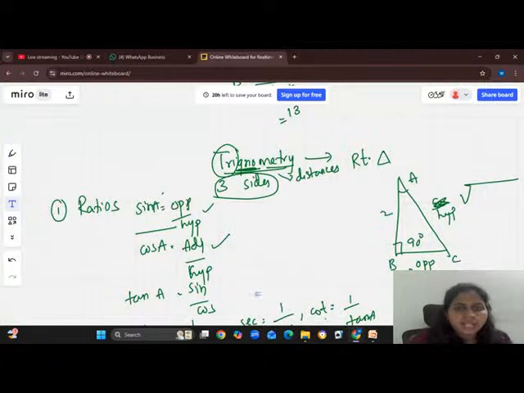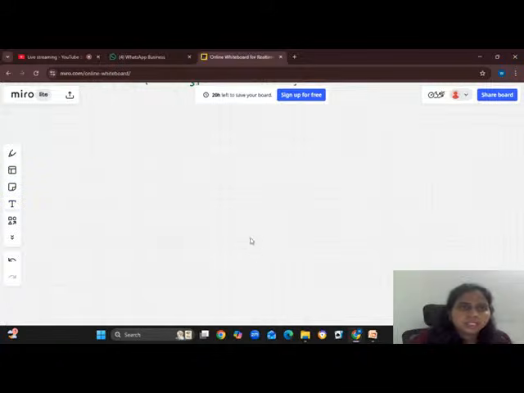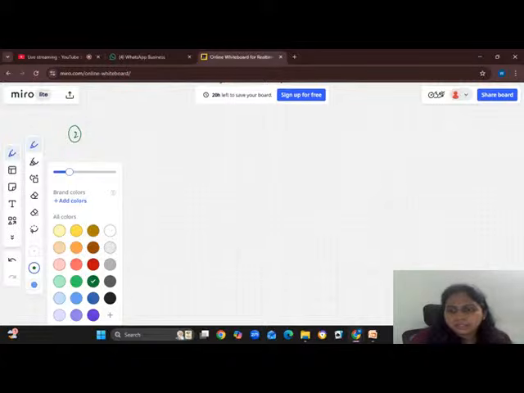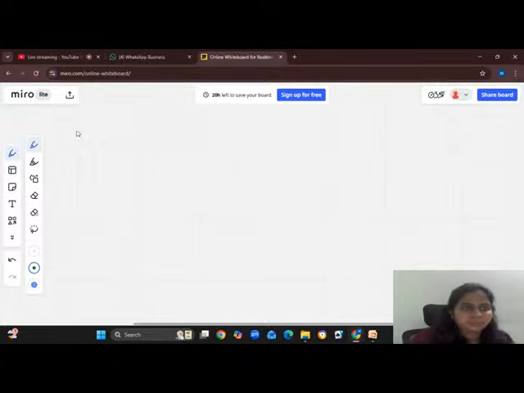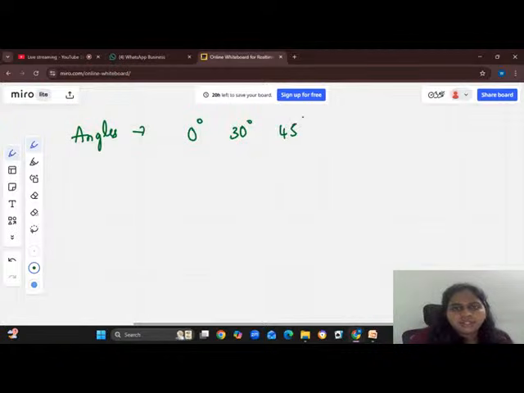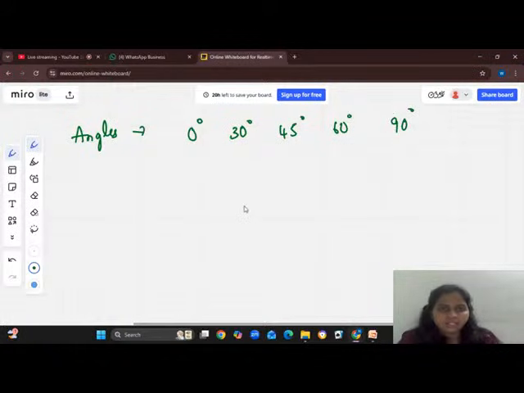Another important formula is the tabular column, you all know the table. First one, the ratios, we have finished now. The second one is the angles table. It is like this: 0 degrees, 30 degrees, 45 degrees, 60 degrees and 90 degrees.